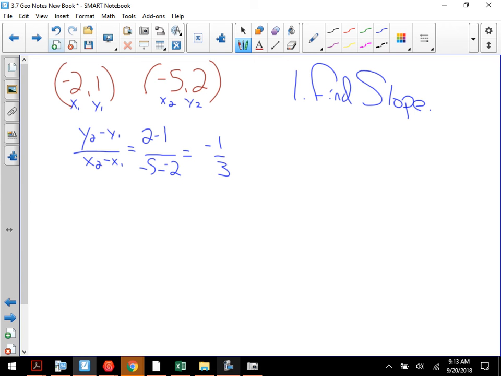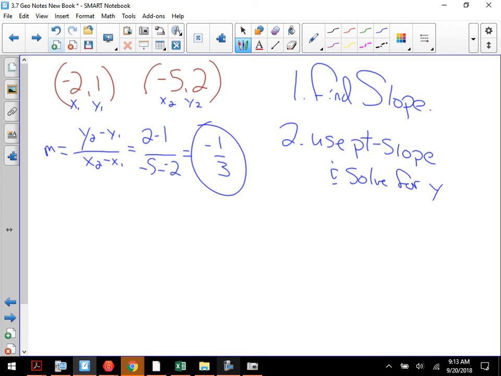So the second thing you'll do is use point slope and solve for y. So now you have your slope at negative 1/3, and then you have points.